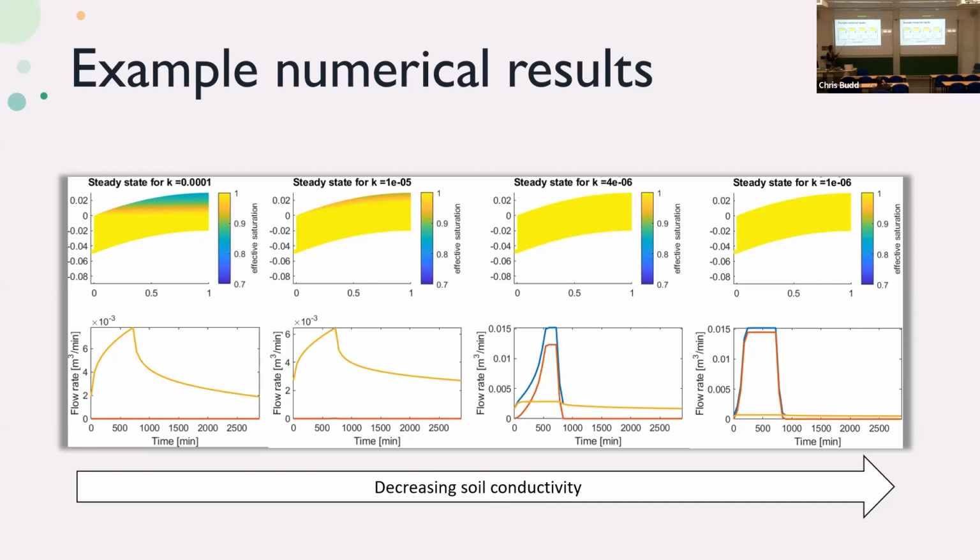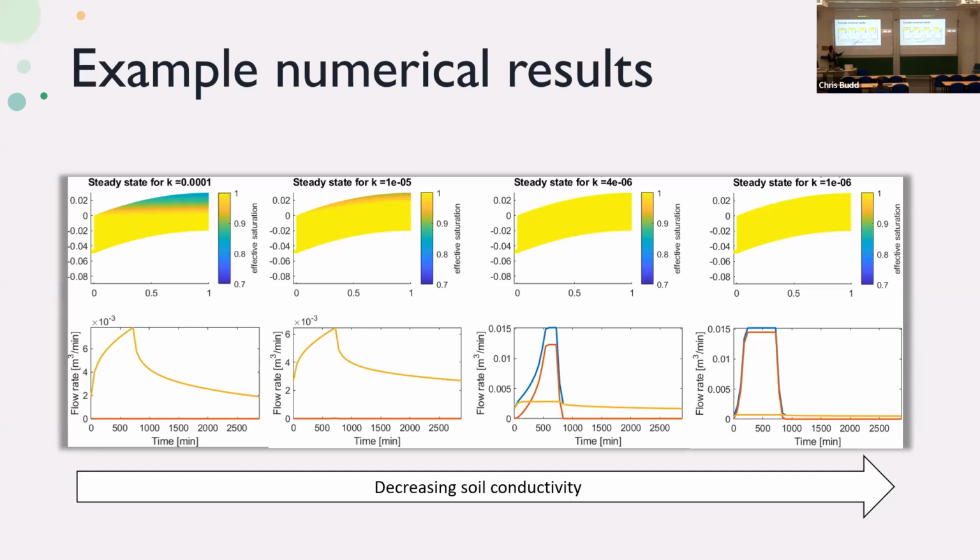Yeah, so thanks to having this numerical solver, we can see what is the effect of the different parameters that we found on the flow. And here on a simple example, we can see that decreasing the soil conductivity leads to a very interesting jump in the peak flow that we observe when the hydraulic conductivity is not high enough to transfer all the water through the groundwater in the root.